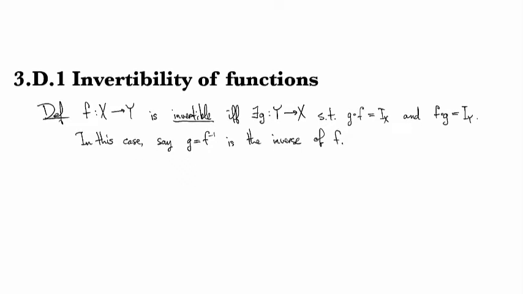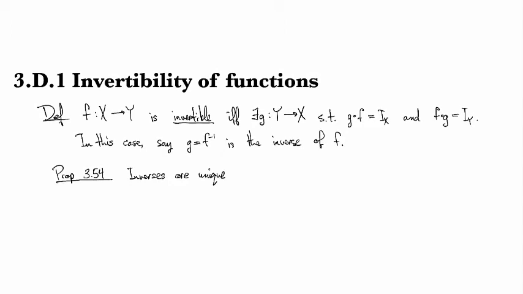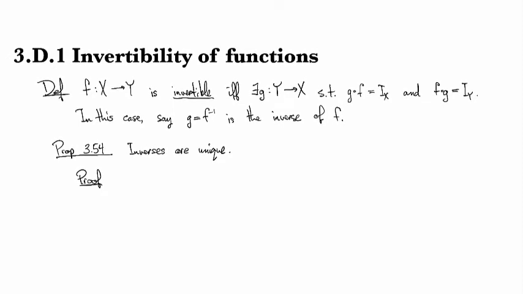Okay, the first proposition that we have about inverses is that they are unique. So it makes sense to talk about the inverse. The proof is real straightforward. It's the standard: let's suppose we've got two, and then, surprise, they're actually the same.